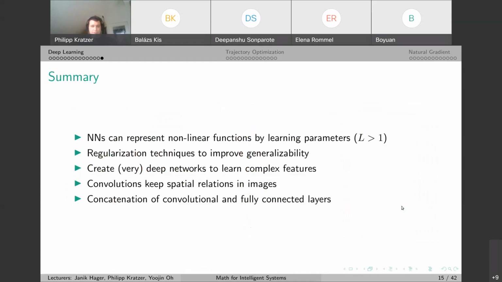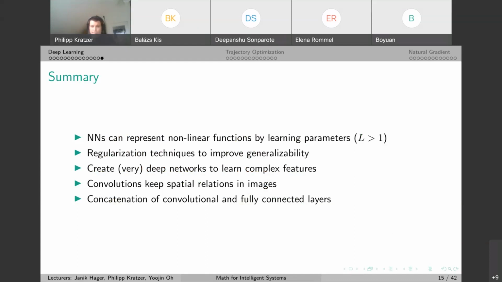To summarize this part about deep learning, neural networks can represent nonlinear functions, and they are used to approximate functions when we have input-output pairs given.